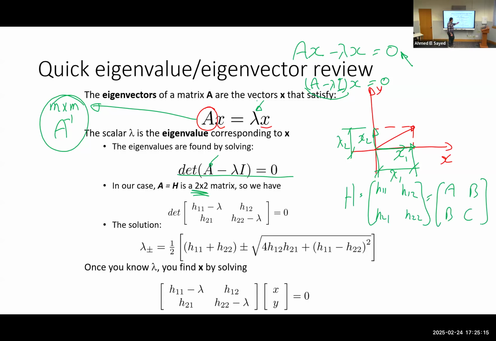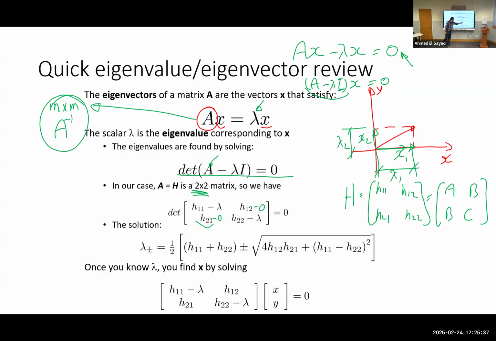Now, I will subtract: h11 minus lambda I, h12 minus lambda I, this will be 0, so h12, h21 minus 0, then h22 minus lambda I.